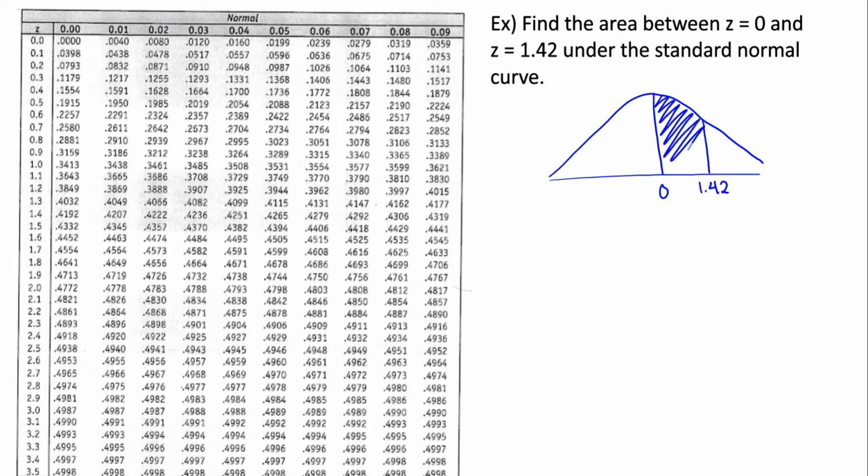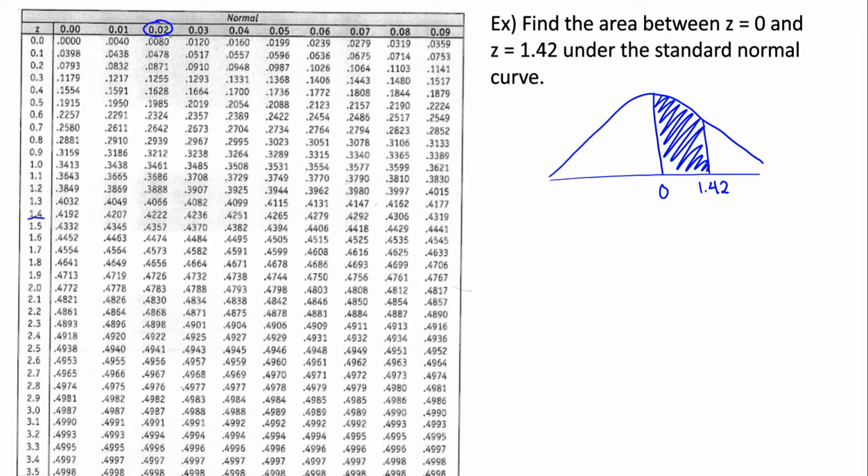And now we're going to shade in the area we need to find. So this piece of area right here is already between 0 or the mean and a positive z-score, so that means we can look it up directly on the table. So we want to find the area between 0 and 1.42, so we need to look up 1.42 on the table. So we'll go over here to 1.4, and then we have 0.02 is the next piece, so we need this.